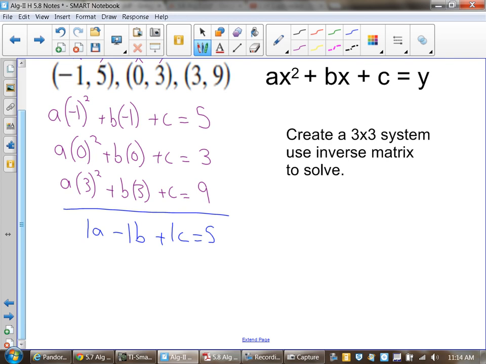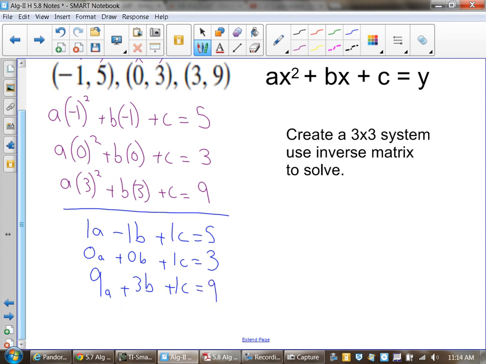I do the same thing with the next equation. I have 0a plus 0b plus 1c is 3. What's 3 squared? 9a plus 3b plus 1c equals 9.